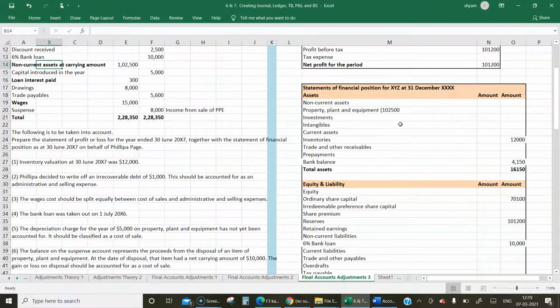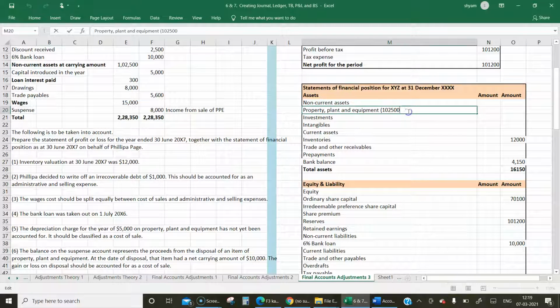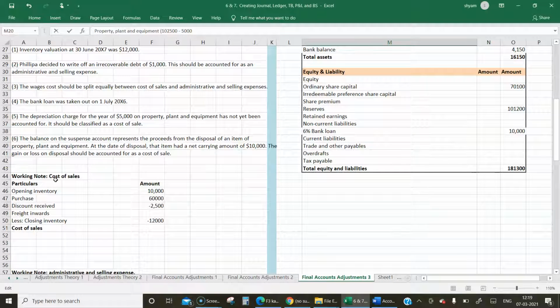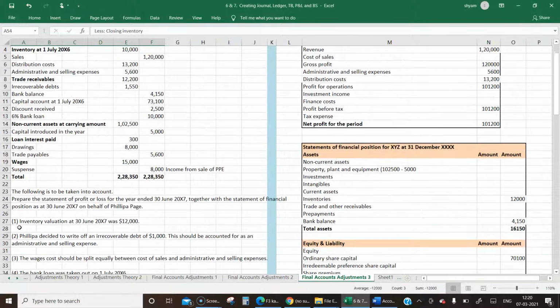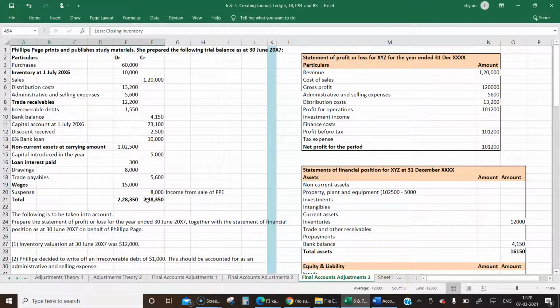That amount is 5,000. So from the SOFP, we will deduct 5,000. The same 5,000 should also go to the cost of sales as PPE depreciation. In two places we have adjusted, one in SOFP and one in SOPL, and so this is over.